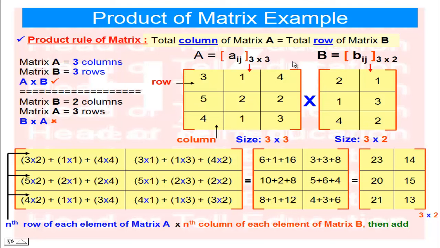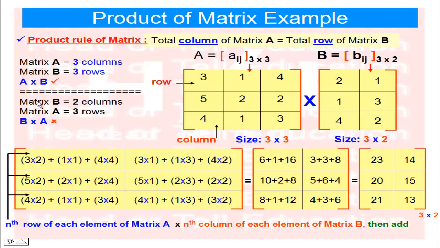First we check the rule: can we multiply or not? How many columns in matrix A? 3 columns. How many rows in matrix B? 3 rows. So the rule is okay, since columns and rows are equal, and A multiplied by B can be done.